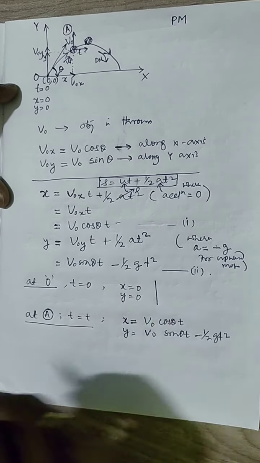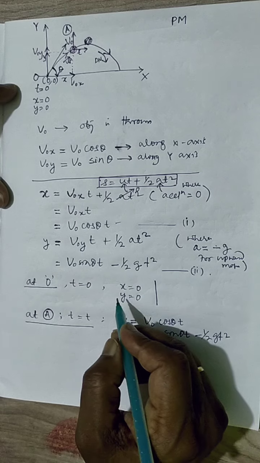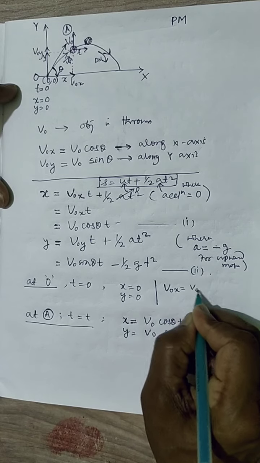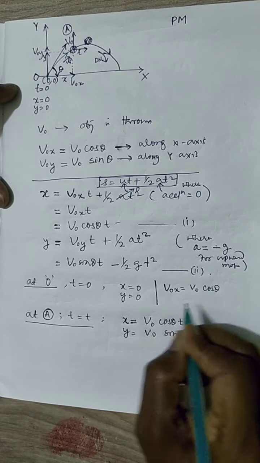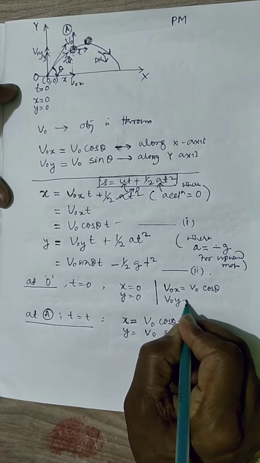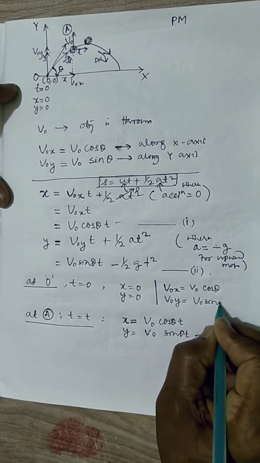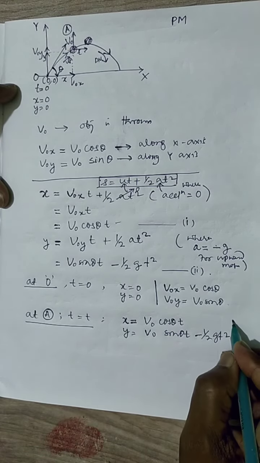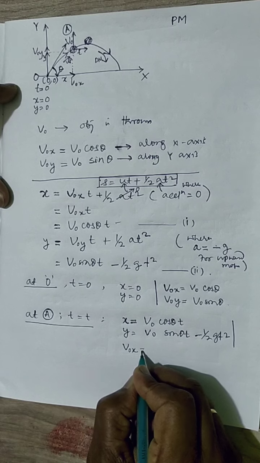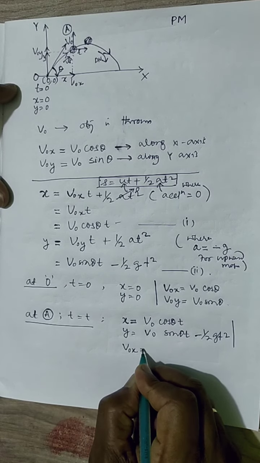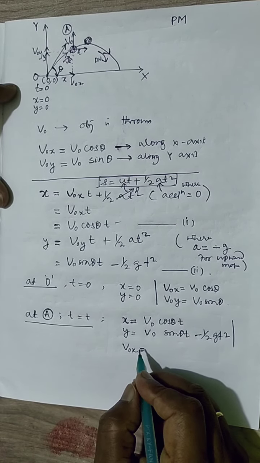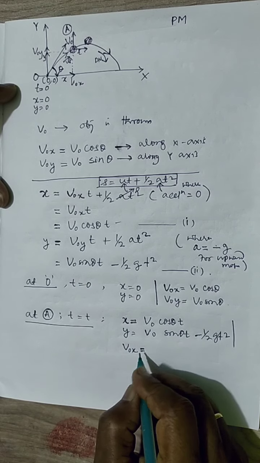Now at t is equal to 0, v0x was v0 cos theta, and v0y, or velocity along the y direction, was v0 sin theta. Now after a certain time t, there is no acceleration along the x-axis, hence velocity remains constant.